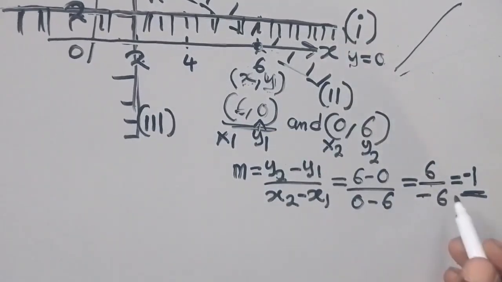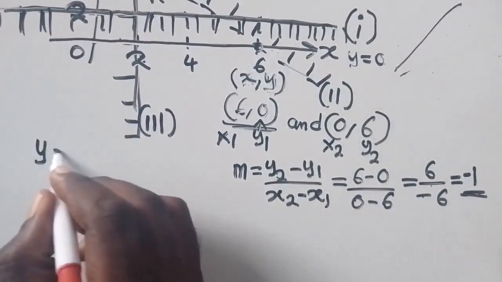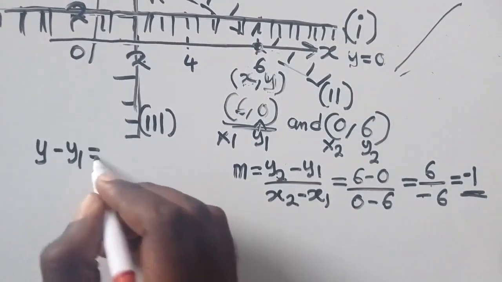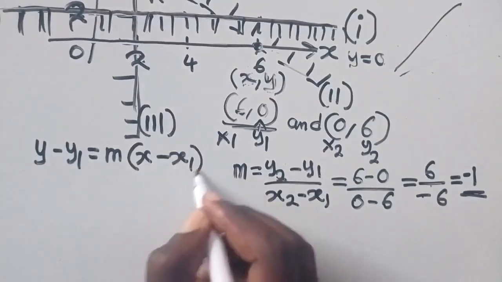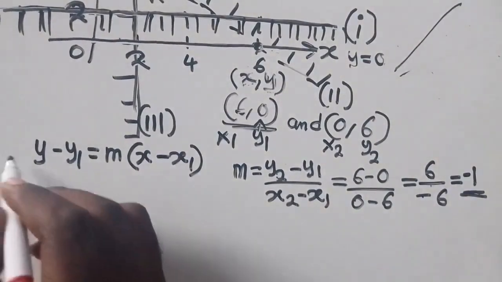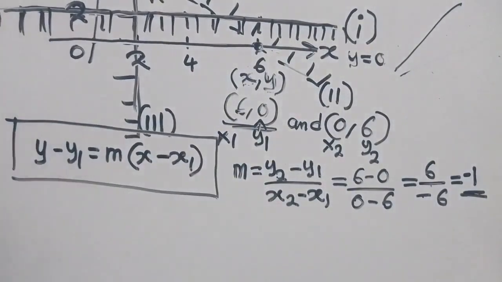The general equation for all straight lines is y minus y1 is equal to m open bracket x minus x1. This formula must be known.